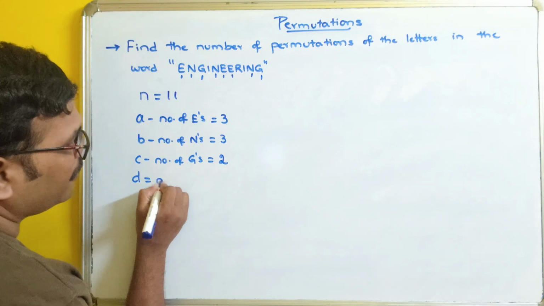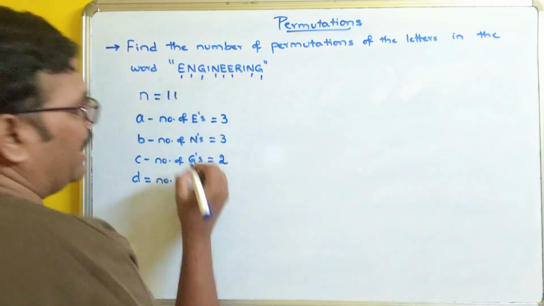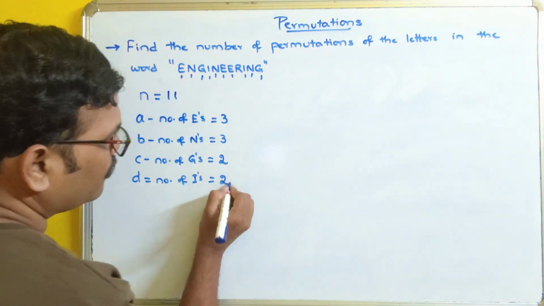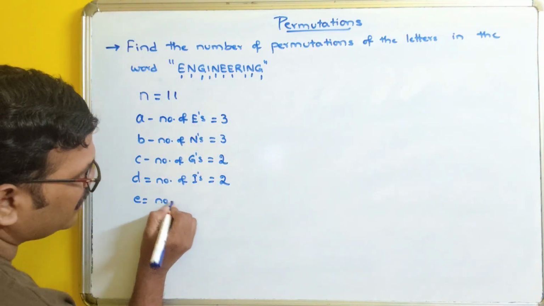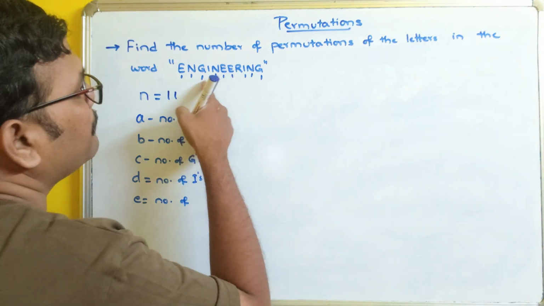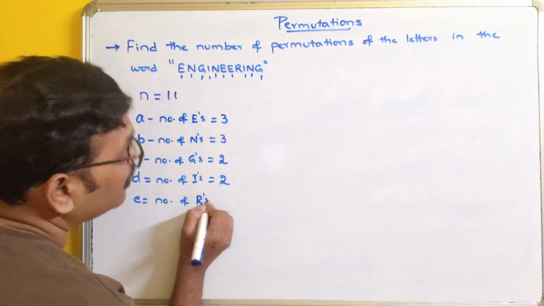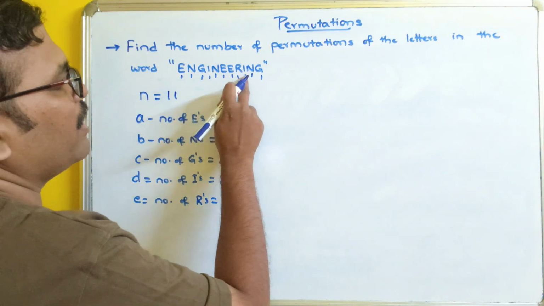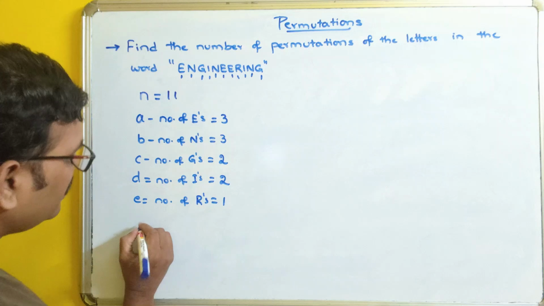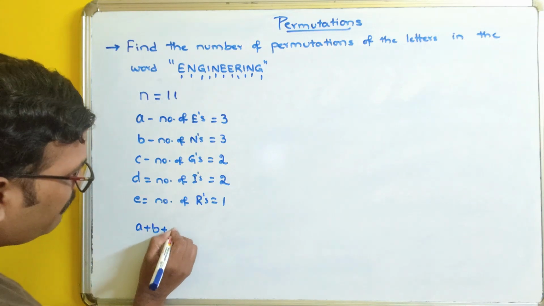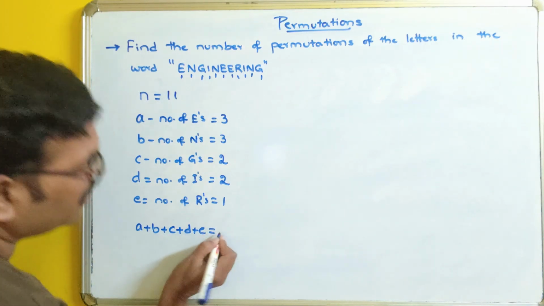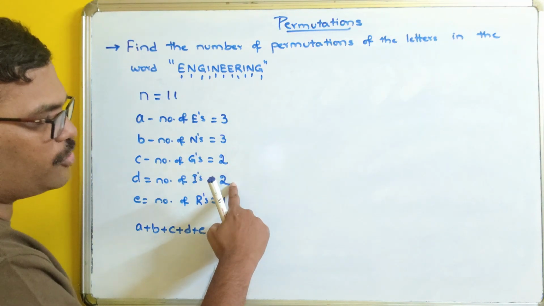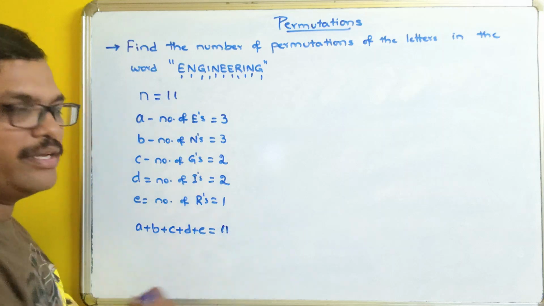And d, the number of i's: how many? 1, 2. And e, the number of r's, is 1. So 1, 2, 3, 4, 5, 6, 7, 8, 9, 10, 11. Yes. So you can add these: a plus b plus c plus d plus e. So 3 plus 3, 6. 6 plus 2, 8. 8 plus 2, 10. 10 plus 1, 11. Yes.